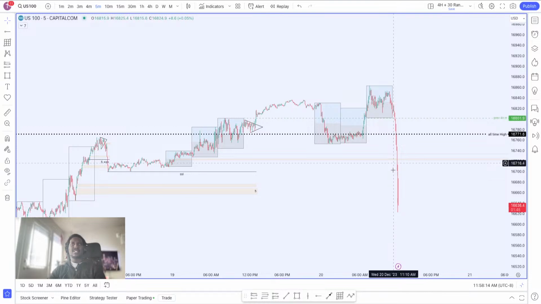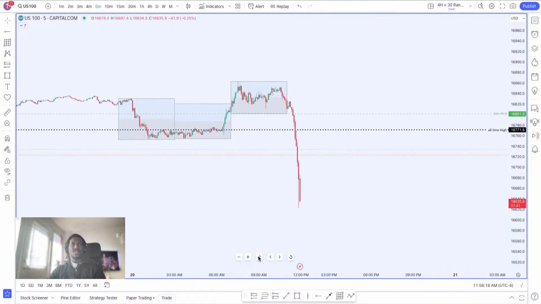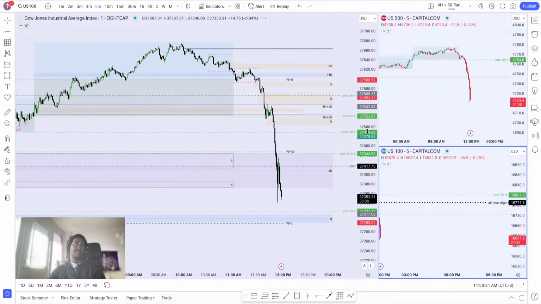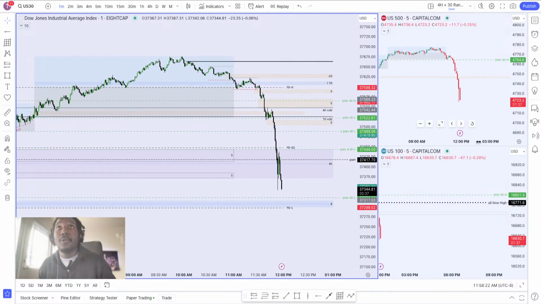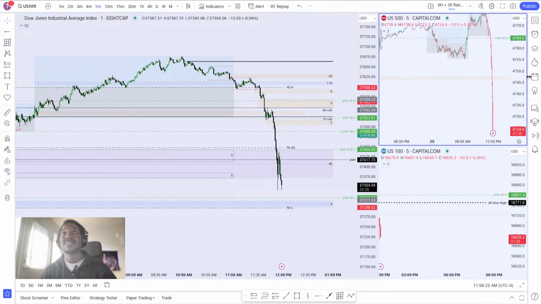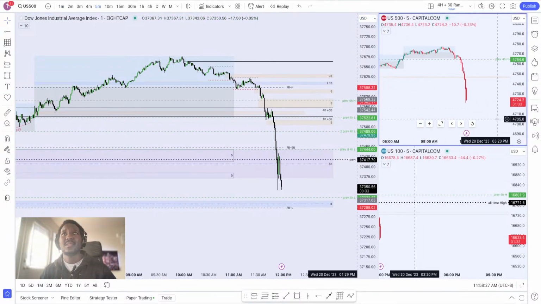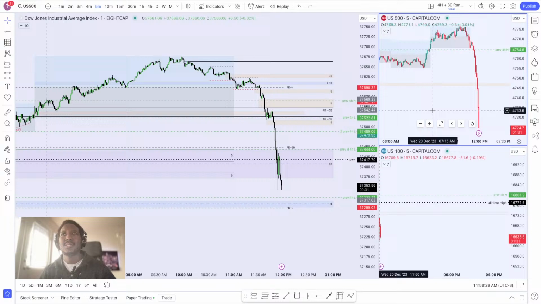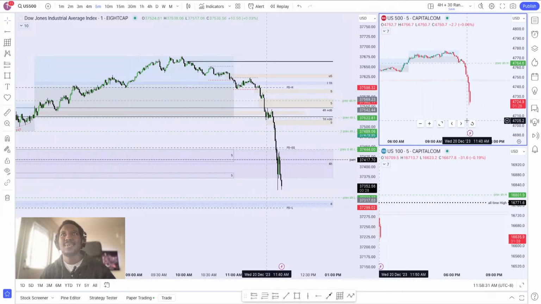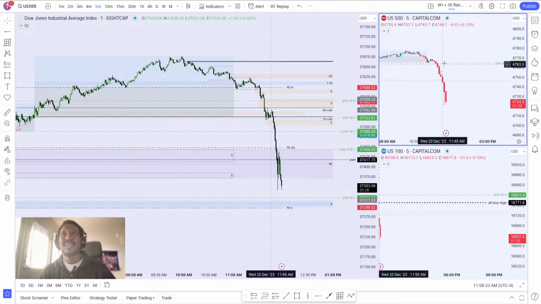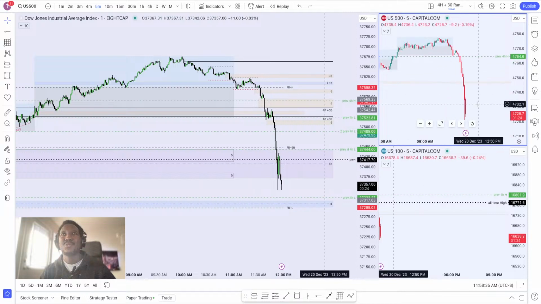I don't think this is the top. I think we will resume the up move later, or that could be the reverse. So many 5-minute gaps. I'm not gonna draw them.